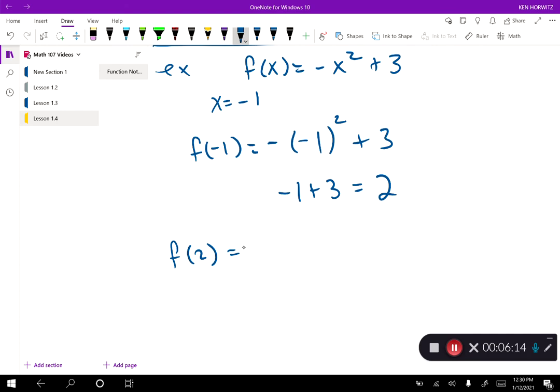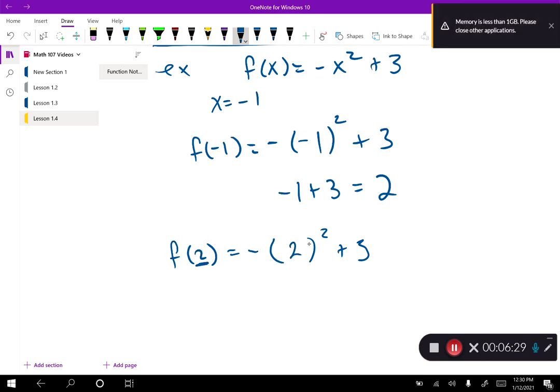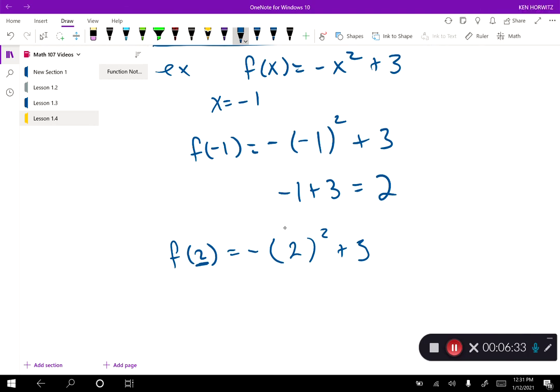So again, I'm going to set it up the same way. I'm going to rewrite my rule, just instead of writing x, I'm simply going to write a parenthesis. And then what am I going to put in that parenthesis? The same thing that I put in this one, just a plain old 2. So 2 squared is 4, times -1 gives me -4. Then I'm going to add the 3 and I get -1.